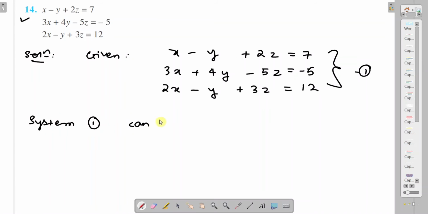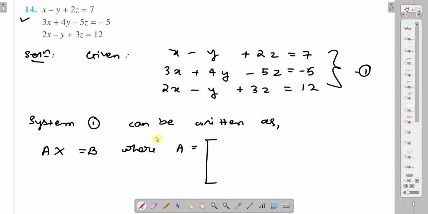So system 1 can be written as capital AX equal to B, where capital A is nothing but the coefficient matrix, that is 1 minus 1 2, then 3 4 minus 5, okay, then 2 minus 1 3.